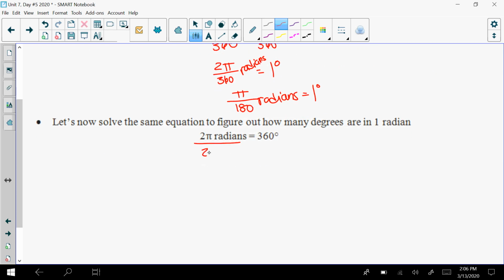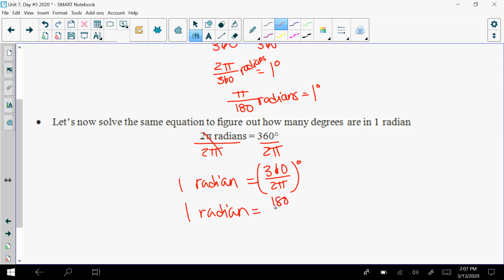So what we're going to do is divide both sides by 2 pi. All we're doing here is coming up with our conversion factor. So now I know that 1 radian is 360 divided by 2 pi degrees, which we can reduce just like last time. That's the same thing as 180 over pi degrees.